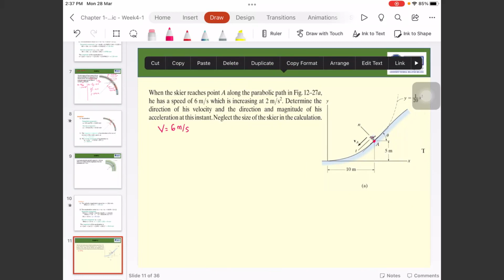Kalau dia beritahu macam ni, itu adalah increasing of speed, that means dv over dt is equals to A tangent, which is equals to 2 meter per second squared.